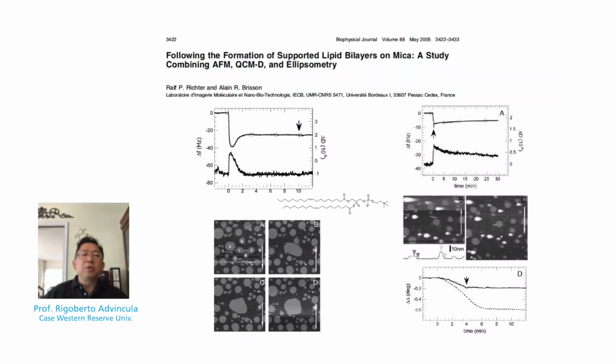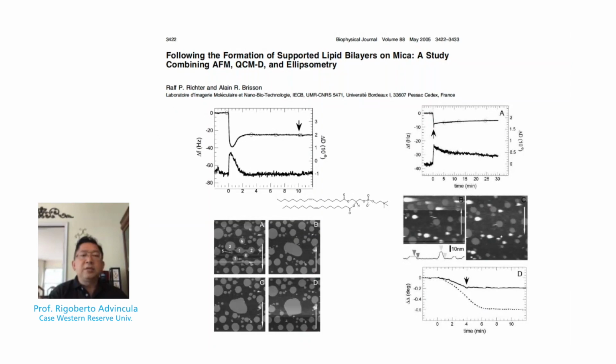As this example shows, the lipid bilayer, or SLB, supported lipid bilayer on mica, was investigated using QCM and AFM. With QCM, what is shown here, for example, is the property based on frequency and dissipation shift.